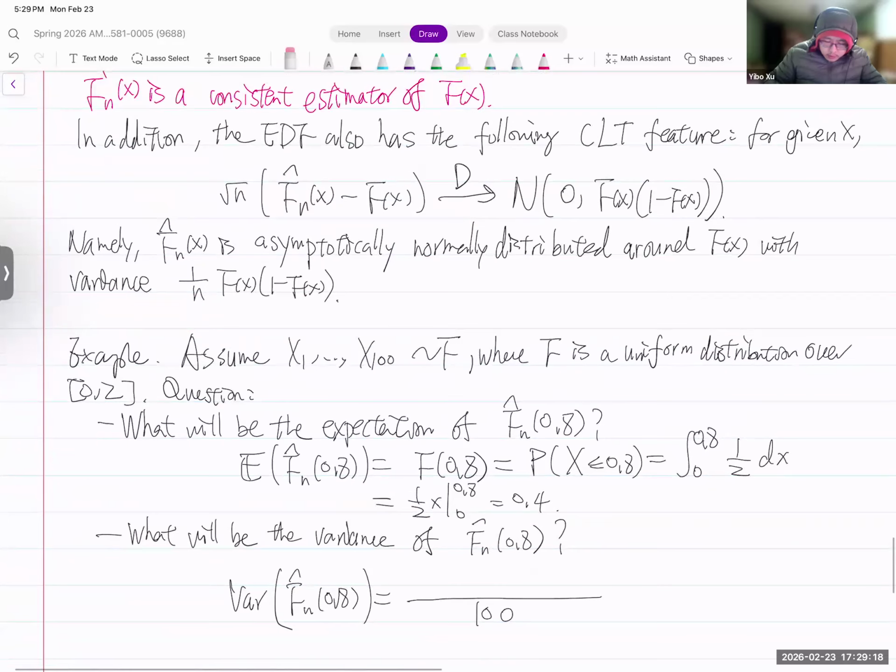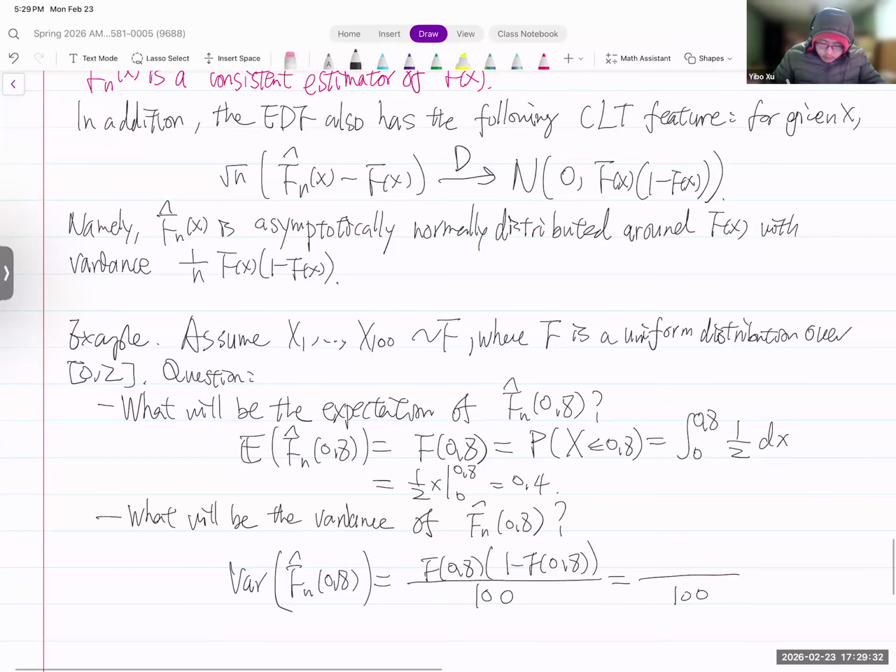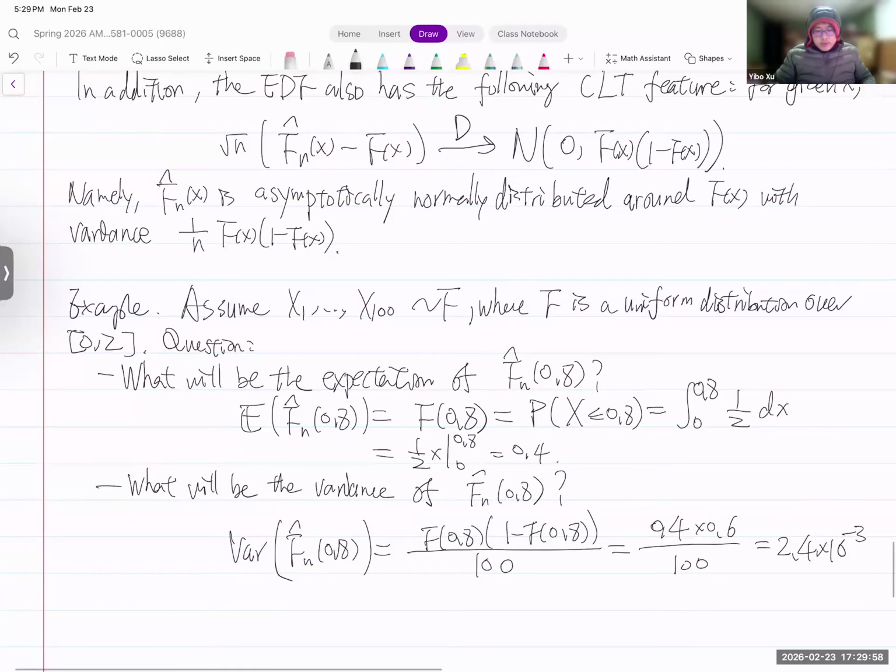The probability is already computed, it's 0.4. So this is F of 0.8 times 1 minus F of 0.8, to be a little bit more careful about the steps so that we are on the same page. So 0.4 times 0.6, which is 24 times 10 to the negative 2, and then another 10 to the negative 2 resulting from the division. So 24 times 10 to the negative 4 is 2.4 times 10 to the negative 3. Okay, so that's very small.